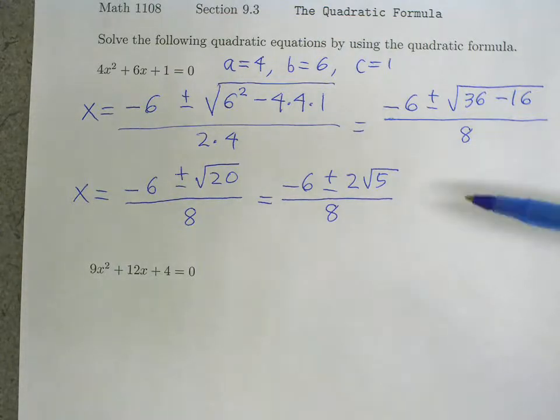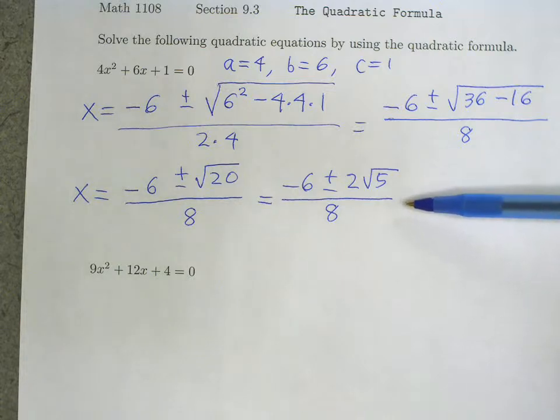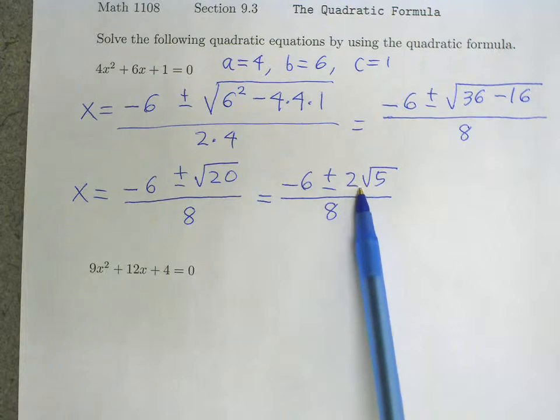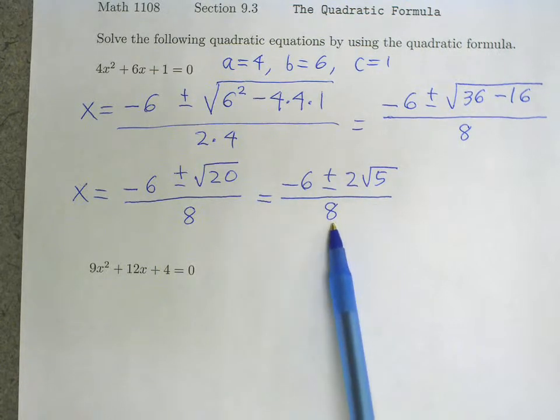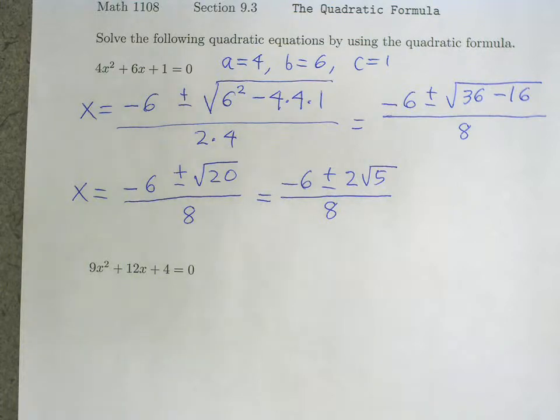We can simplify further, and we should. If you're working in Newton and encounter this one, it will expect a simplified answer. Every term in the numerator has a common factor of 2, and the denominator also has that same common factor of 2.